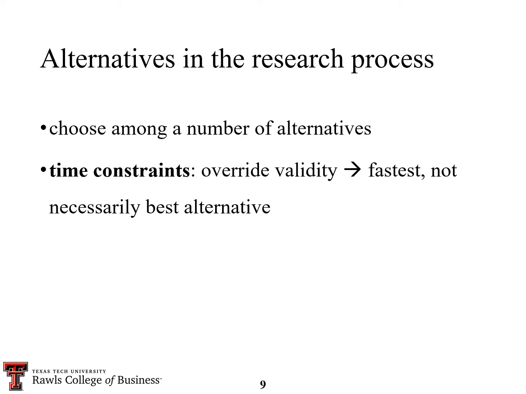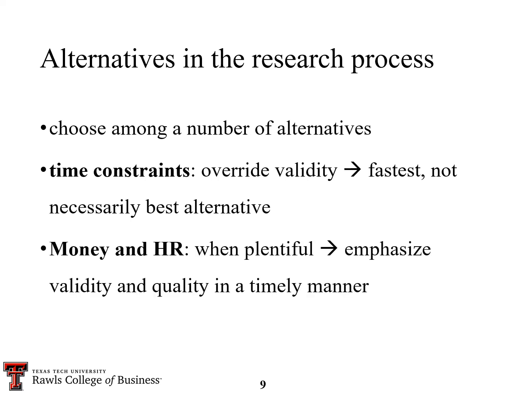So a lot of times time can affect validity. And whenever we use the fastest option, that may not necessarily be the best alternative. So we have to consider all the different research methods that we're going to talk about in future chapters that may take a little bit more time, but we may get better data.